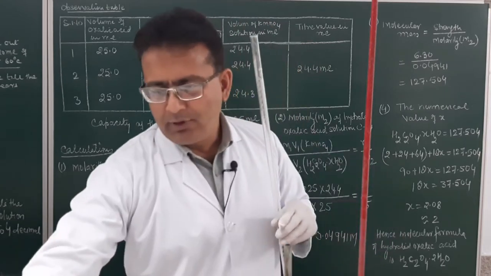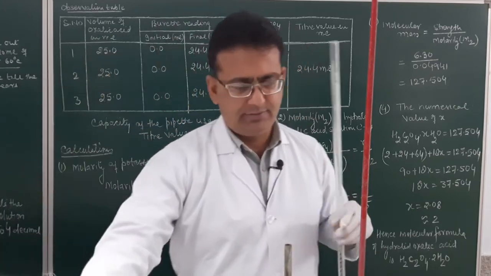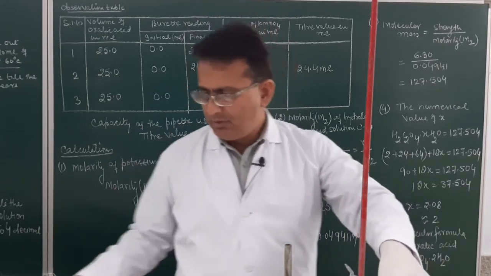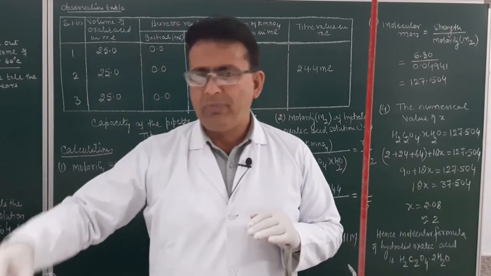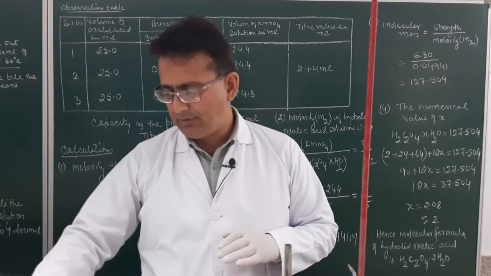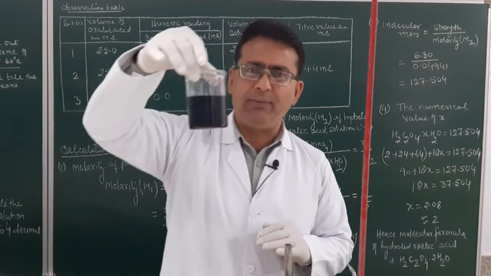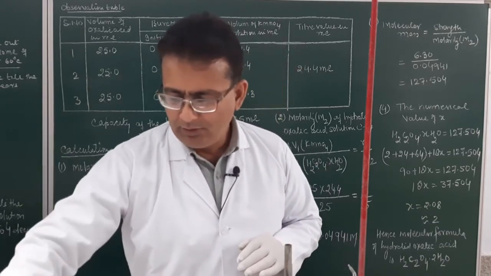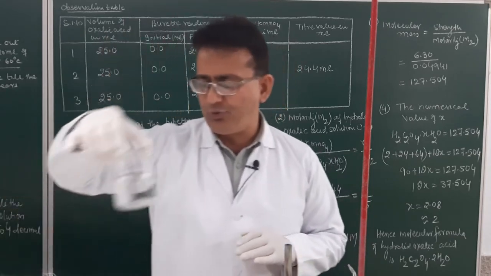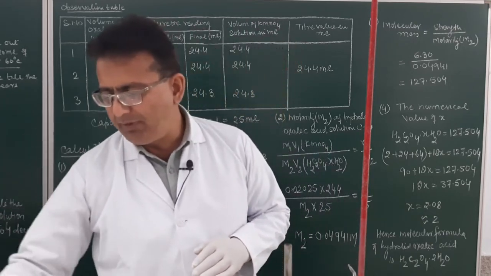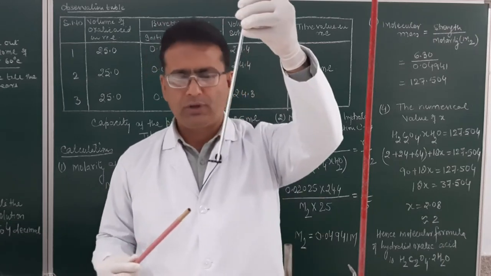This is a funnel, a wire gauze, then this is a conical flask, a measuring cylinder, a tripod stand, a solution of KMnO4, a solution of oxalic acid, and a solution of sulfuric acid. One more thing we will be requiring is a thermometer, as we have to heat in this. This is a thermometer. Am I clear?